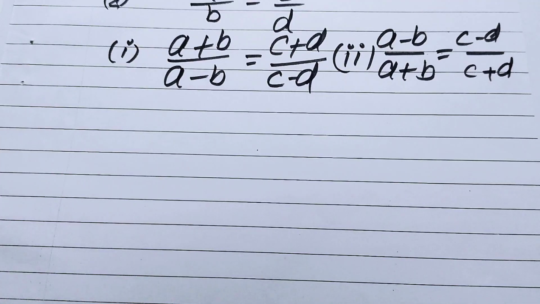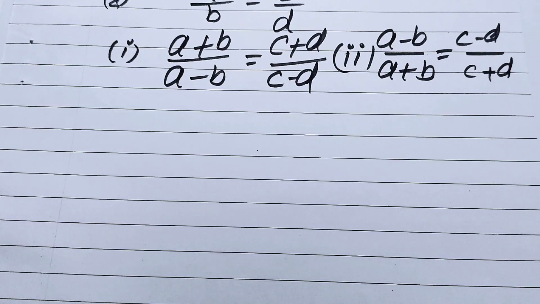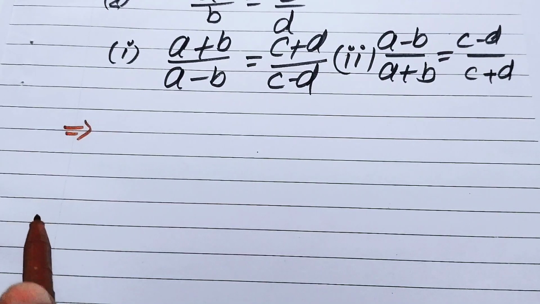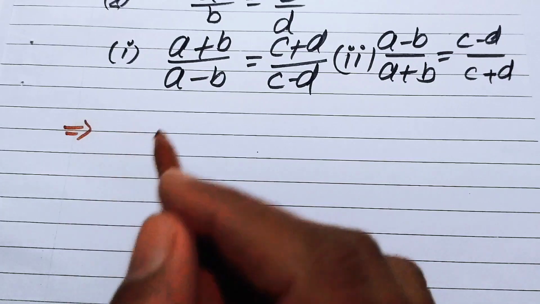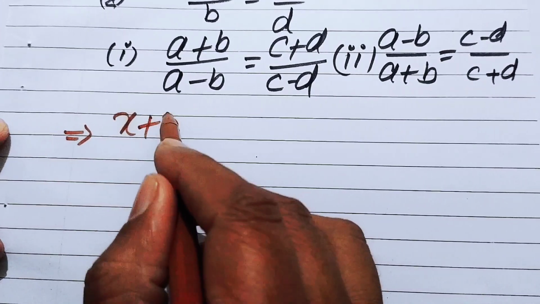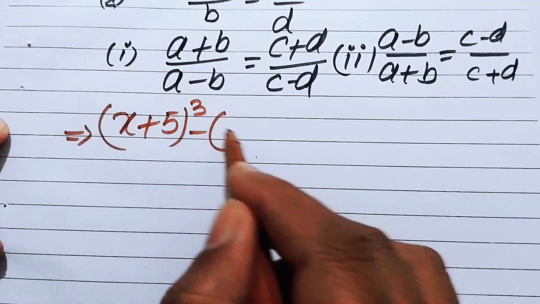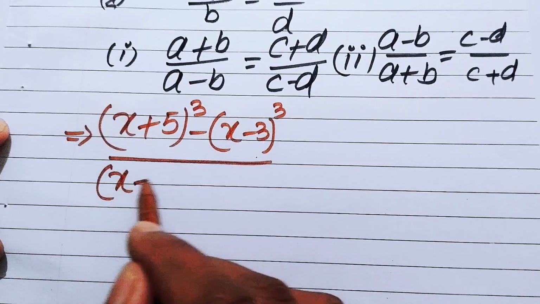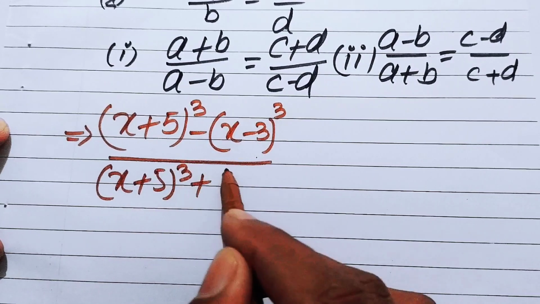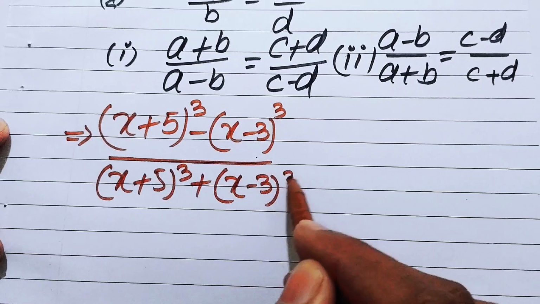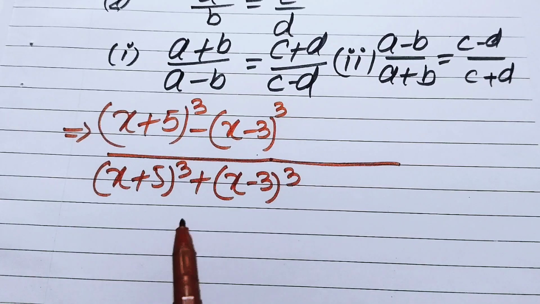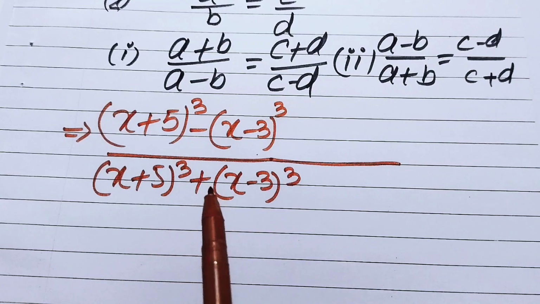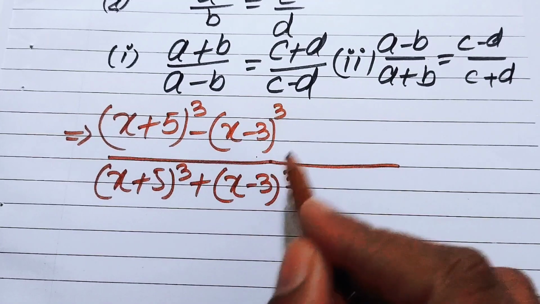Using this theorem we get the given statement in this form: (x+5)³ − (x−3)³ divided by (x+5)³ + (x−3)³. Here we add and subtract the denominator on the upside and downside.